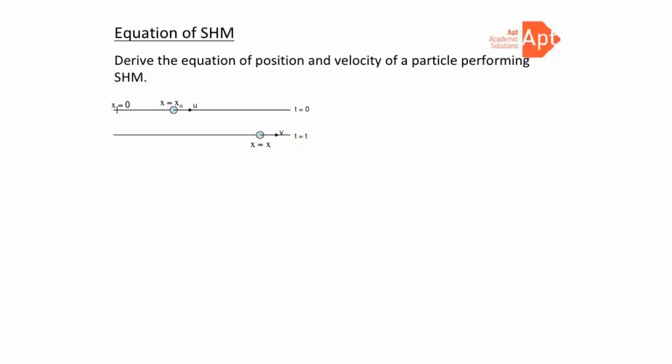Before we start deriving it, we should be aware of the conditions for SHM. The condition for SHM which we are aware of is acceleration A is equal to minus omega square x. The other condition is force F is equal to minus kx, right?